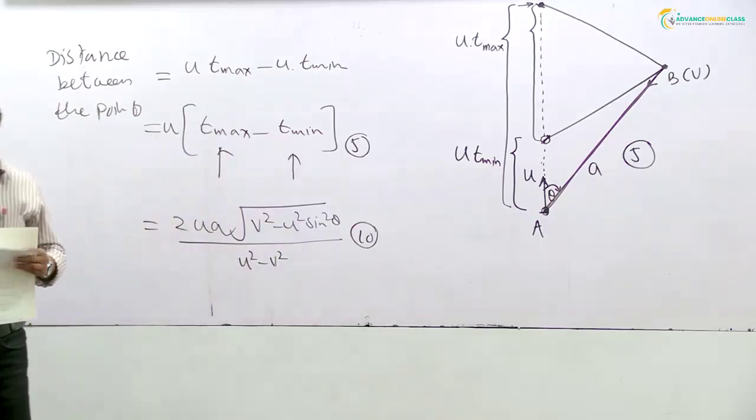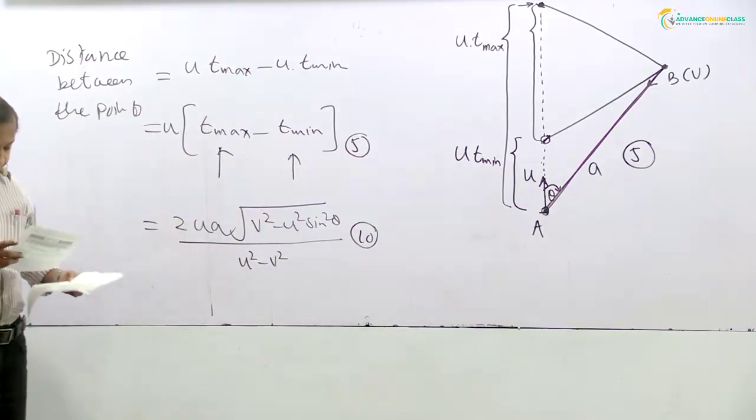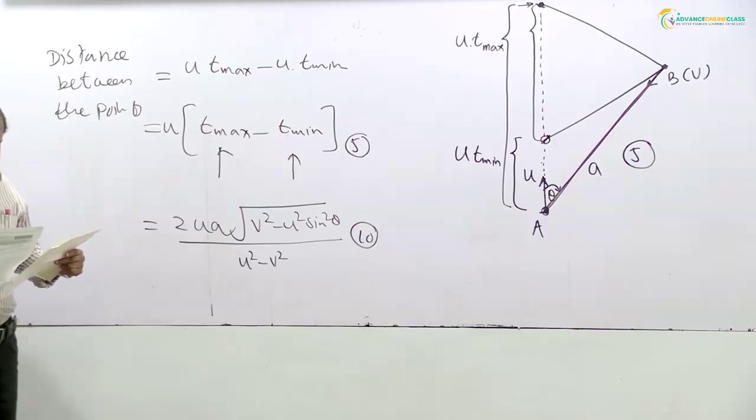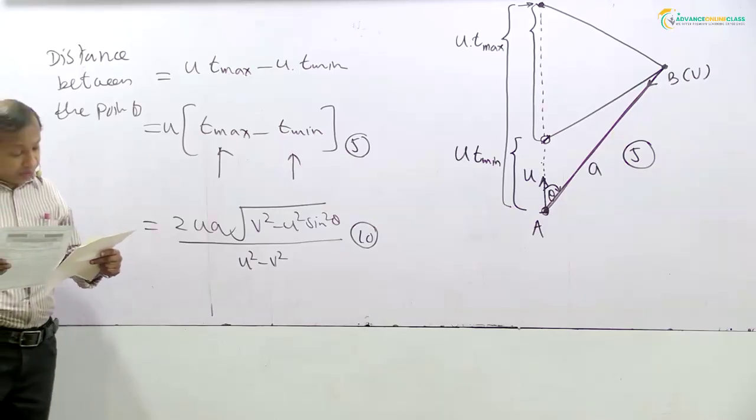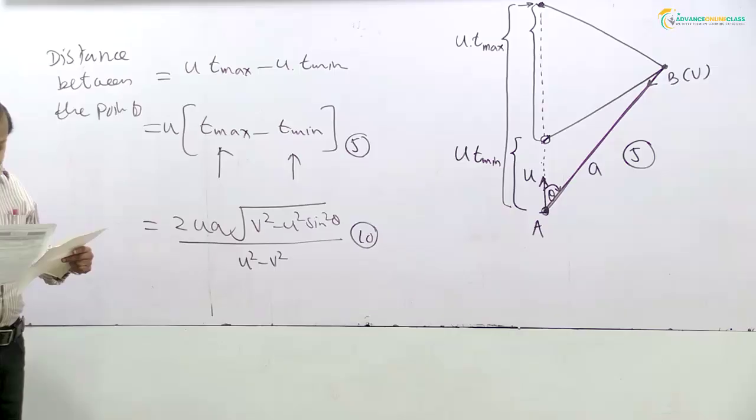Number 6, friction question. A uniform rod AB of weight W and length 2a has a light ring attached to its end A.